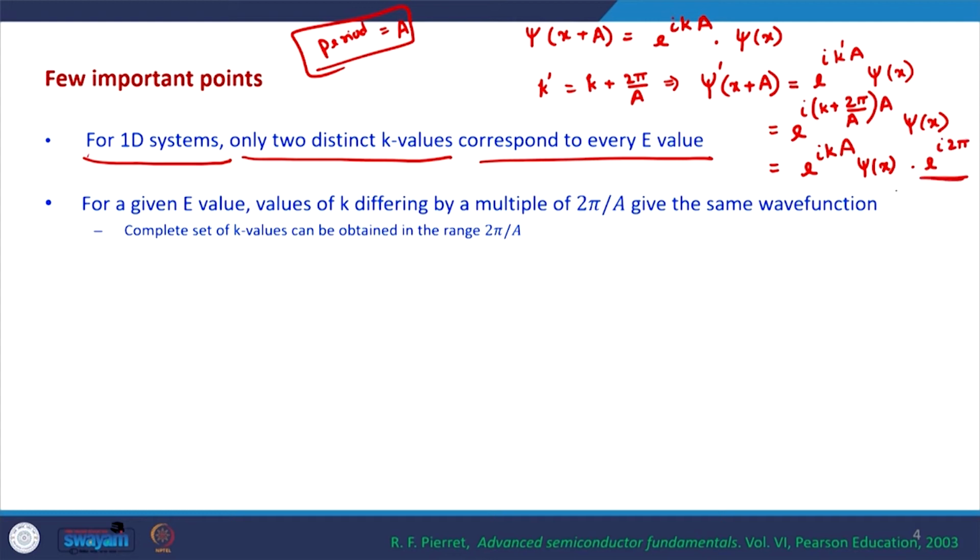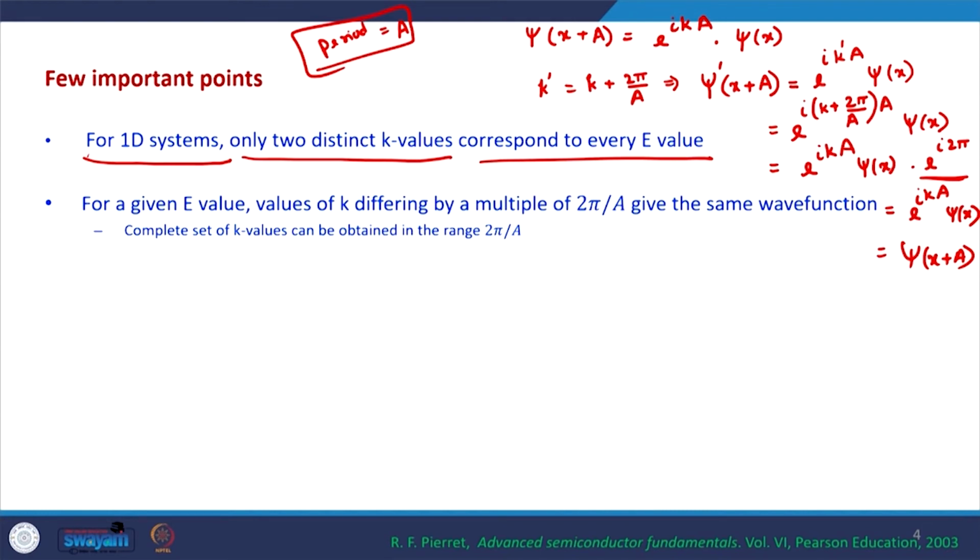So, this turns out to be exponential i k A psi of x, which is psi of x plus A. So, a k value shifted by 2 pi by A gives the same wave function essentially.